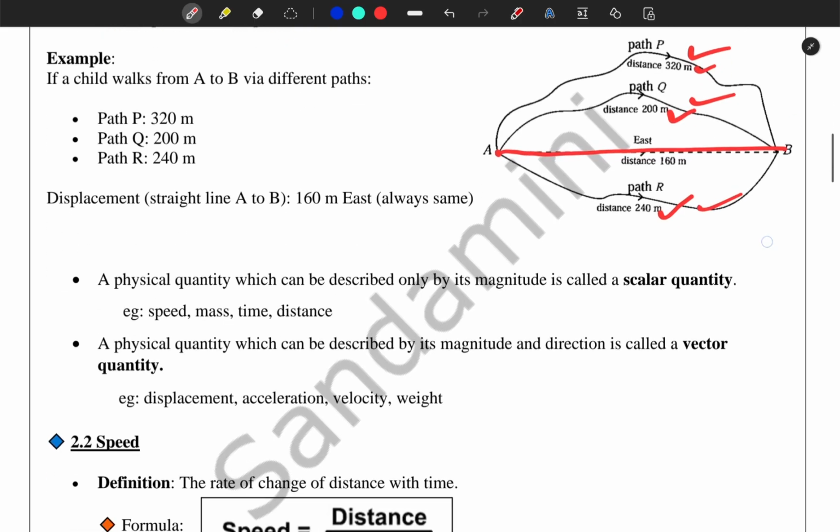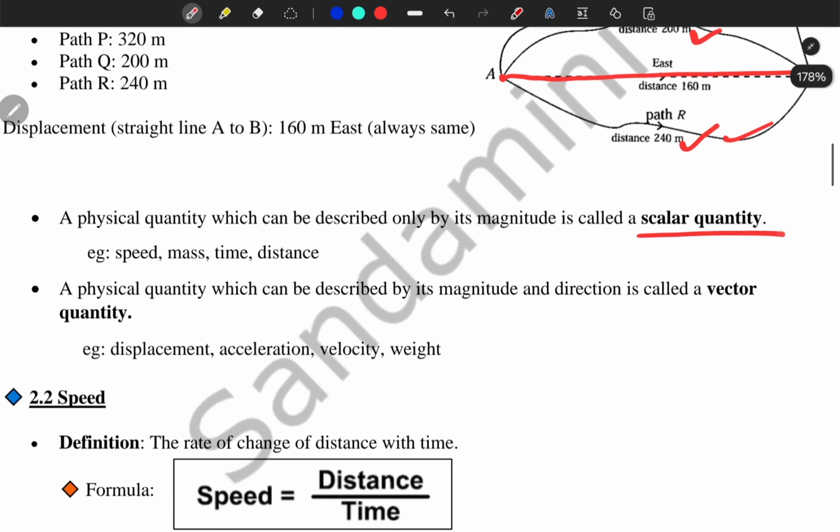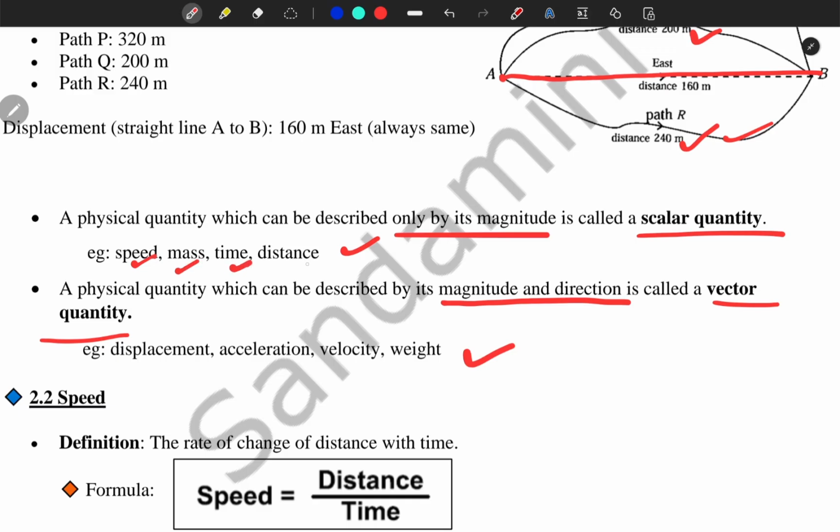Okay, so I think here it is mentioned what is scalar and what is vector too. If there is only a magnitude, it is a scalar. If there are both magnitude and direction, that is a vector. So examples are also given, right? Speed, mass, time, distance only have magnitude.